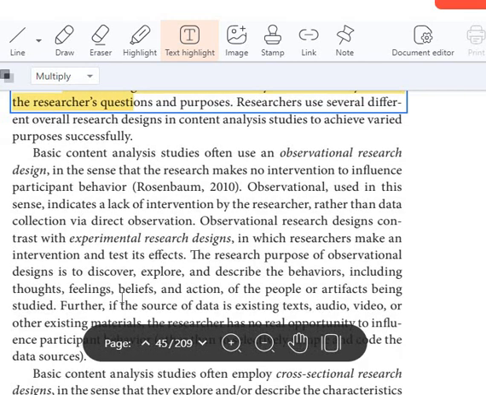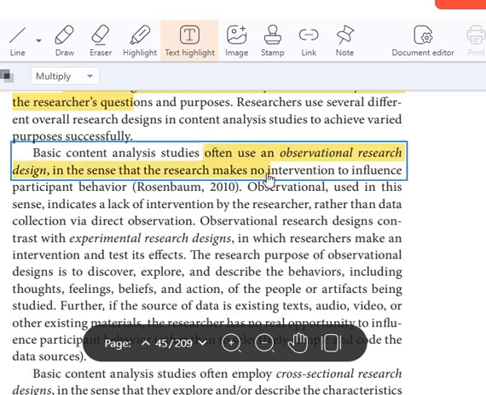You know, often, as I have previously said, the basic content analysis uses an observational research design in the sense that the researcher makes no intervention to influence participant behavior. You know, that's why it is objective. There is no intention for the researcher to change anything, okay?